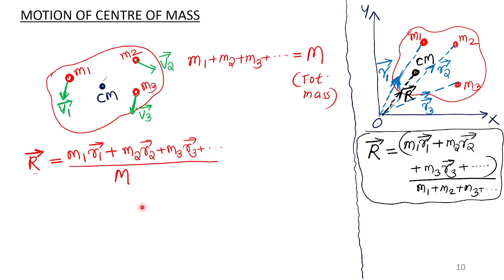Let me do the cross multiplication. It's very simple. MR is equal to m1 r1 plus m2 r2 plus m3 r3 etc.